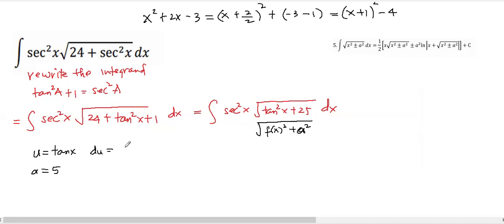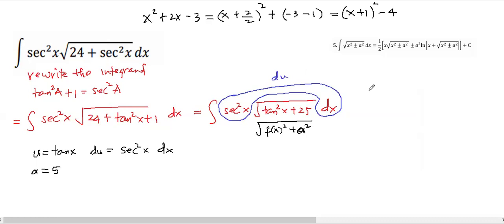Ano yung du natin? Secant squared of x dx. Okay? That's the remaining part. So, secant squared, this is our du. So, this reduces to the integral of square root of u squared plus a squared du. So, nakuha natin yung formula.